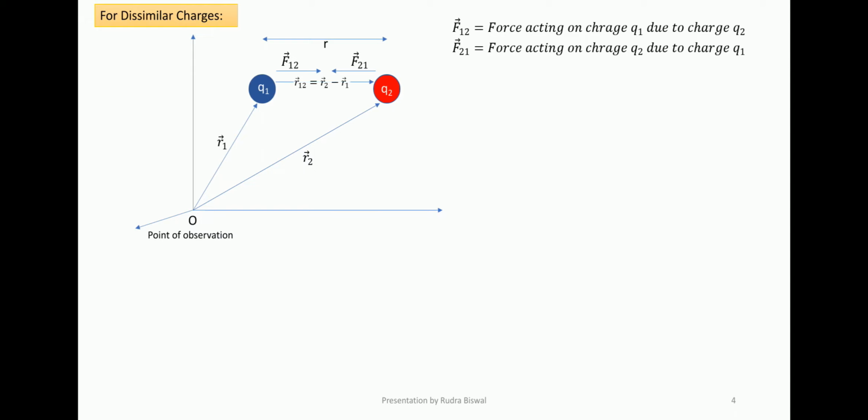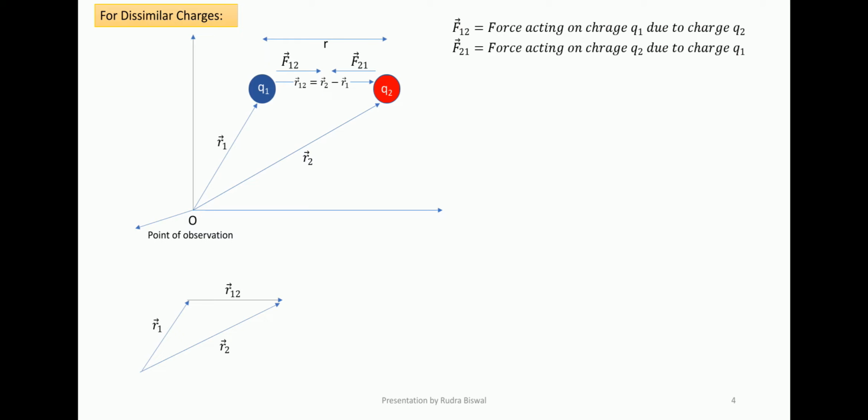Let r12 be the displacement vector from charge q1 to charge q2. Here, to get the value of the r12 vector, that is r2 vector minus r1 vector, we use the triangle law of vector addition. Let's take the triangle.